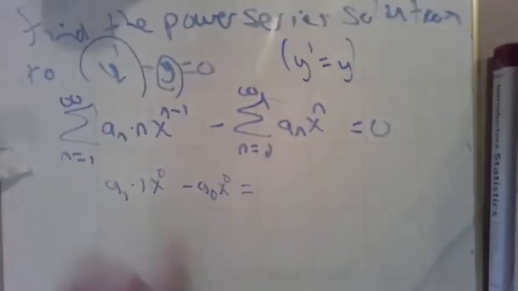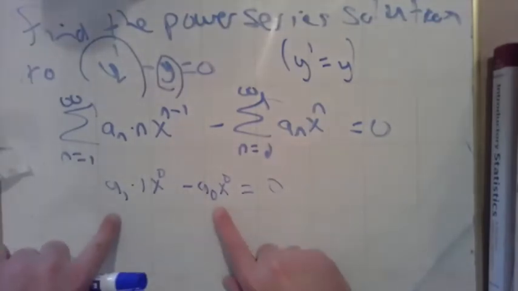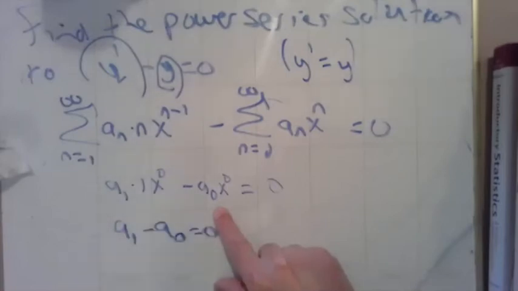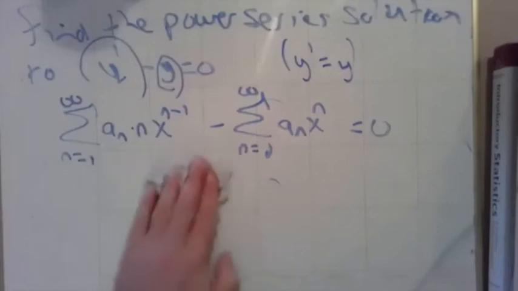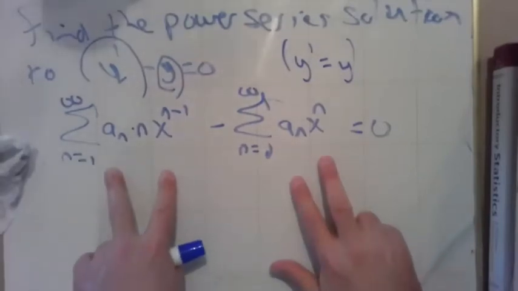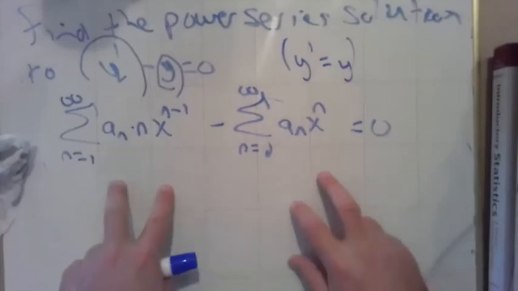The only way an entire power series can equal 0 is if every term equals 0. So this must equal 0, which tells me a1 minus a0 equals 0. So I could do that term by term, but it's easier if we can just squish these together and write this as one single sum.